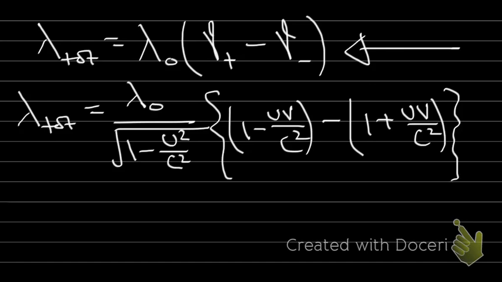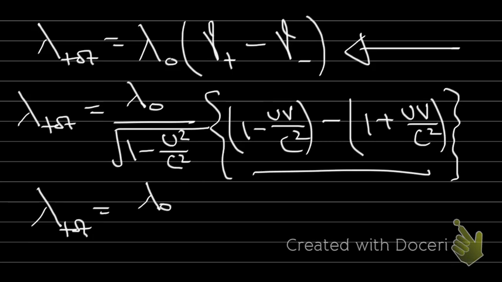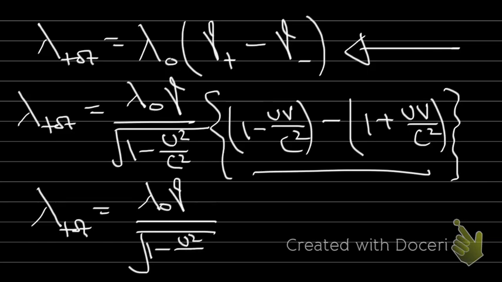Now all we have to do is simplify this term over here, and that would obviously simplify to, let me write it down, total charge density is your lambda naught times, I forgot to write this gamma over here, right? So lambda naught times gamma over the root of 1 minus v squared times, let's solve this expression.